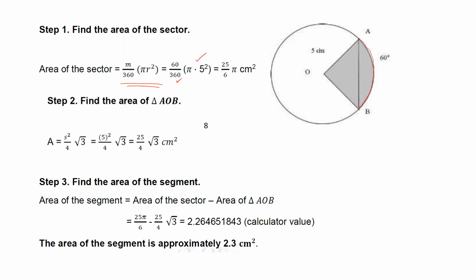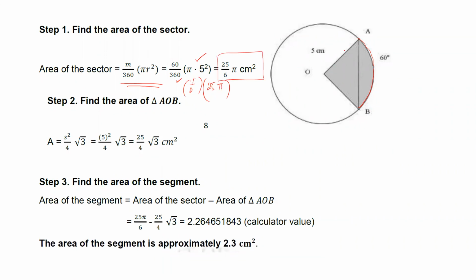Area of the circle, pi r squared, so 25 pi. So 60 over 360, that is 1/6 times 25 pi, so 25 pi over 6. That is the area of the sector.